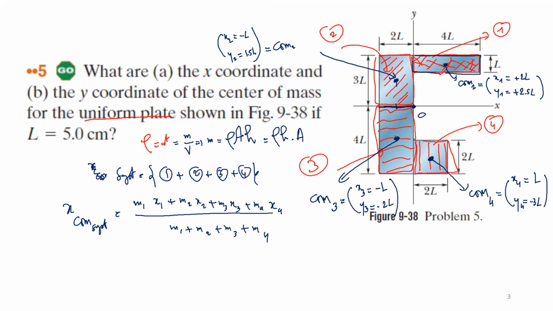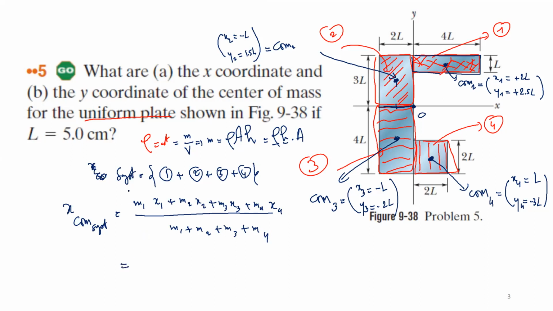Okay. Now, since each M here has a common factor, rho H. Rho is constant, the thickness of each plate is constant. So you see here, of course, the rho H will simplify. If you remember, I said this in class.